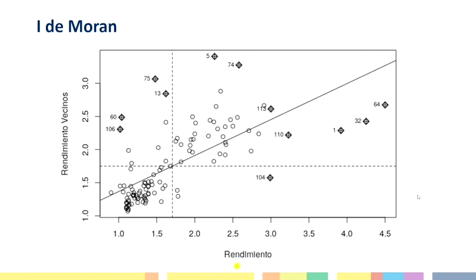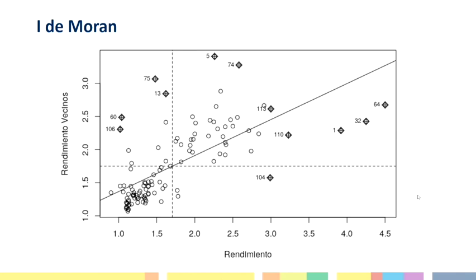This would be the yield in this point, let's say 3 tons per hectare. And this would be the average yield for our neighbors. So I establish which were the neighbors, and I have the average. Right here I have a point where the neighbors have an average of approximately 2.7, and the value here would be approximately 2.7 also.